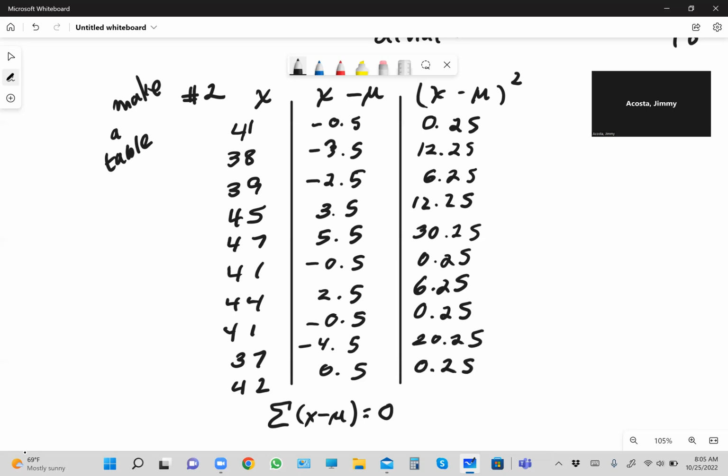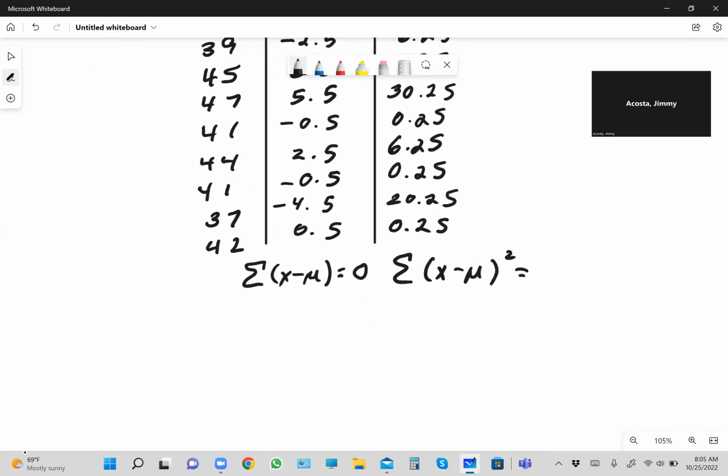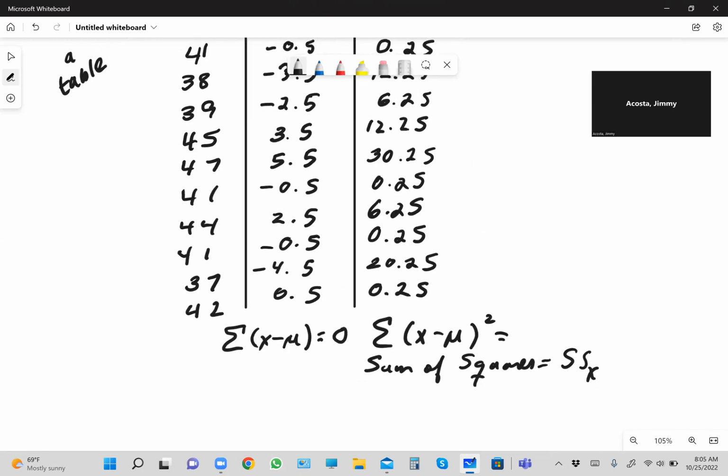All right, so now we have to add up all these. And this down here, when we add up all these, we call the sum of squares. Some books like to say this is S of X. So let's add them all up.